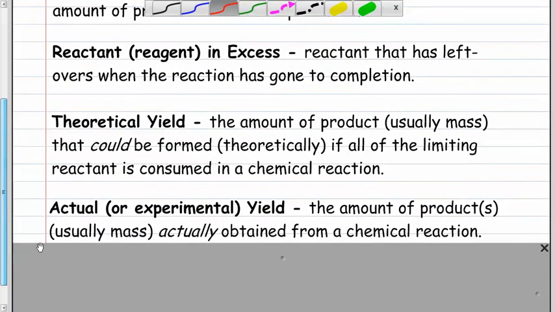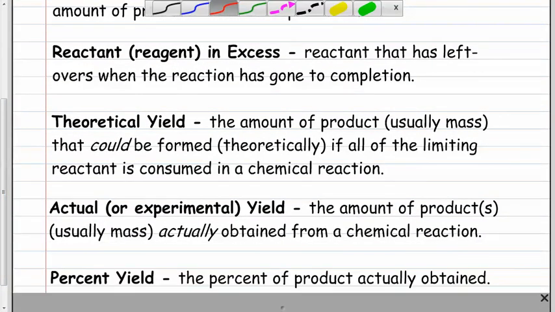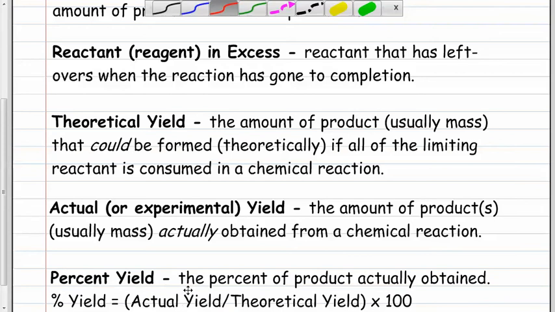You do need that theoretical yield in order to calculate the percent yield, which is the actual or experimental yield over the theoretical yield times 100.